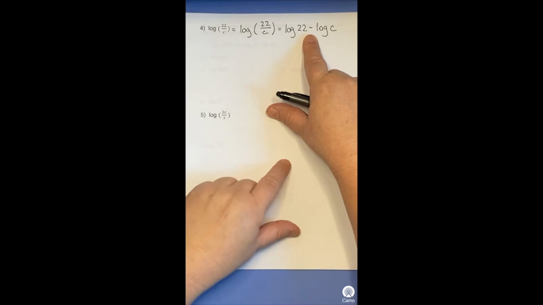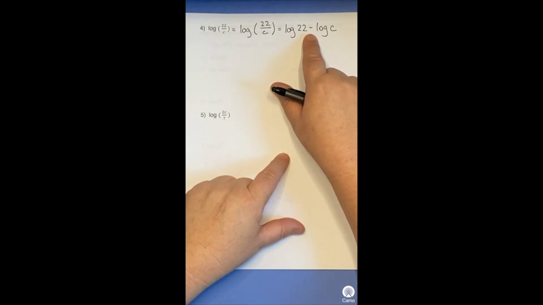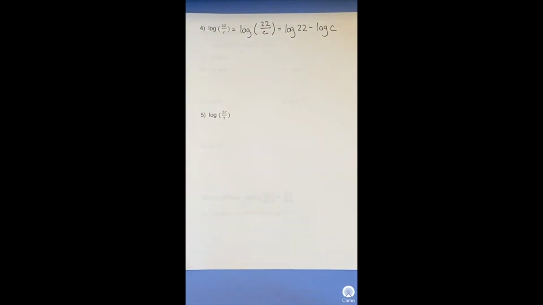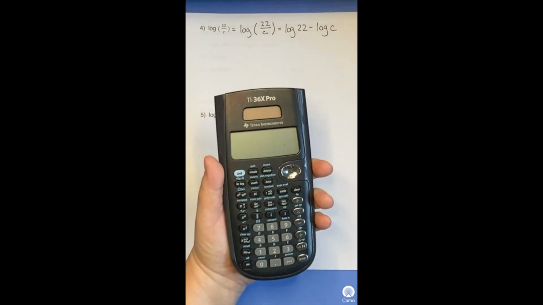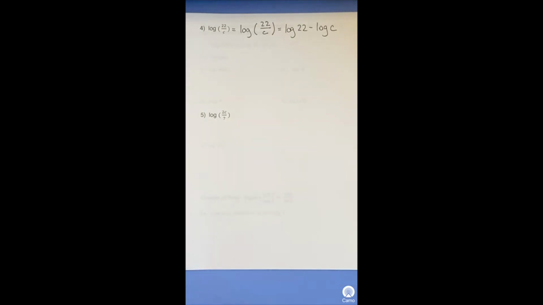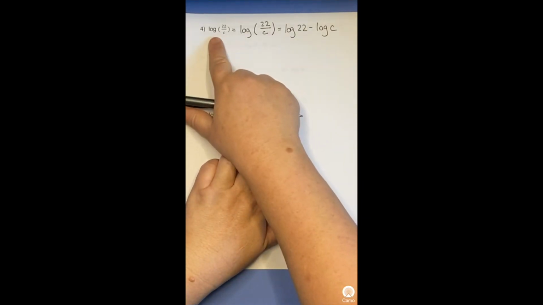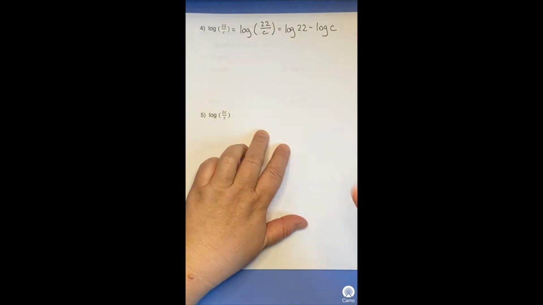Now, why did I say it's kind of annoying? Well, log base 10 of 22 is not anything really nice that I can do in my head. Obviously, if I were asked to, I could use a calculator to come up with an approximation. This does not ask us for that. This just asks us to expand. So we've taken this and we've expanded it. And again, what's the benefit here?